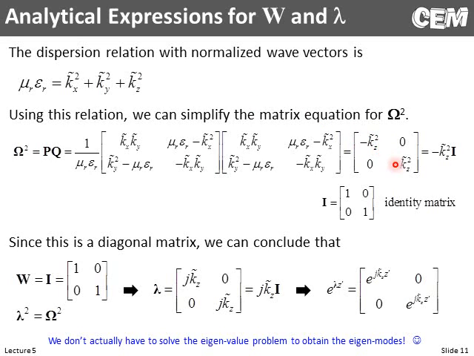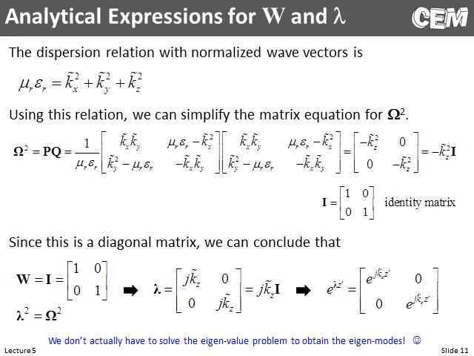It's a diagonal matrix that we can write this way, where this bold I is the identity matrix. There's a lot of algebra here, but it has a very simple solution, and that is always the case for linear homogeneous isotropic materials.